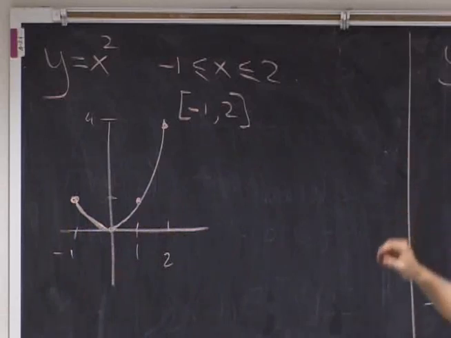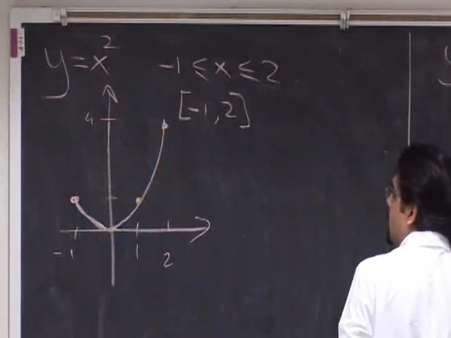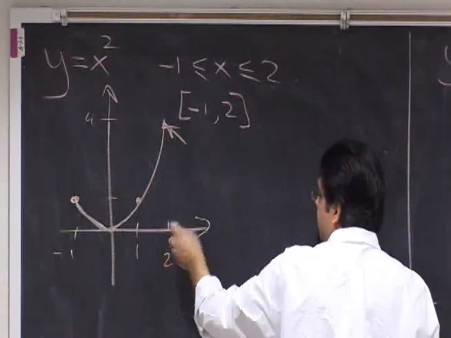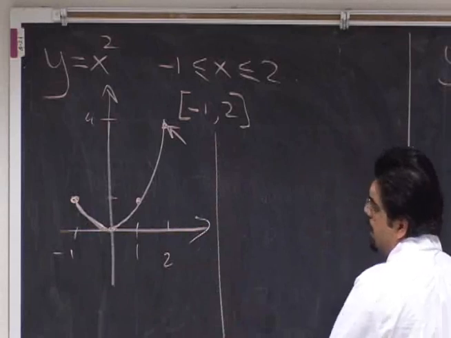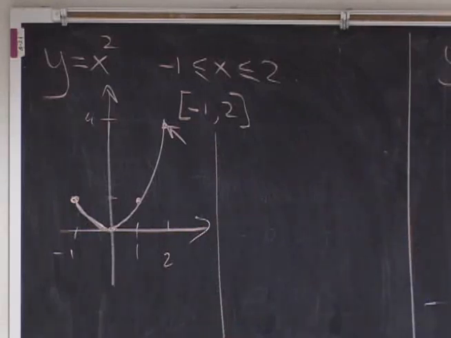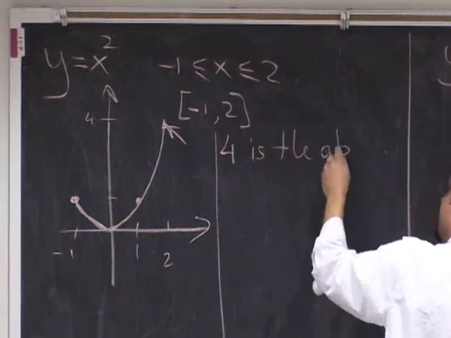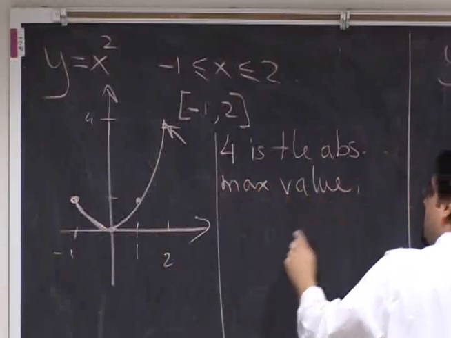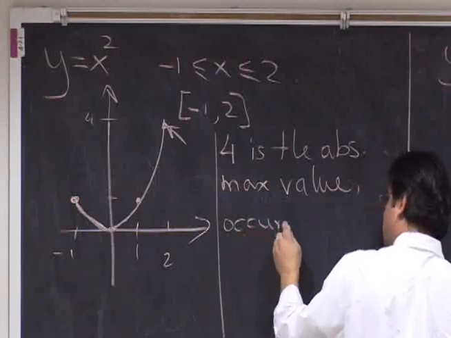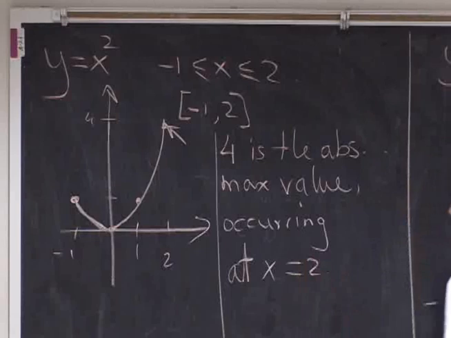And so you see, where's the absolute max here? 2. 4. At 2. So let me write a sentence that will help you identify this without being confused whether to say 4 or 2. 4 is the absolute maximum value occurring at x equals 2.